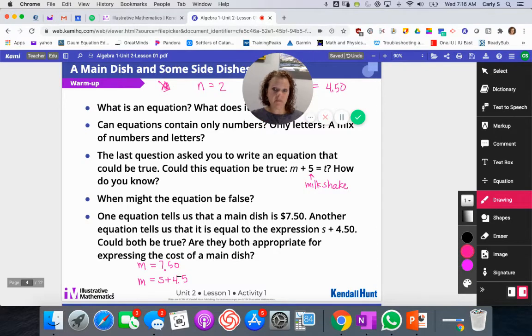Could both be true? Are they appropriate for expressing the cost of the main dish? Yes, they actually can both be true. The first one tells us the price in dollars, and the second one tells us the price compared to a side dish.